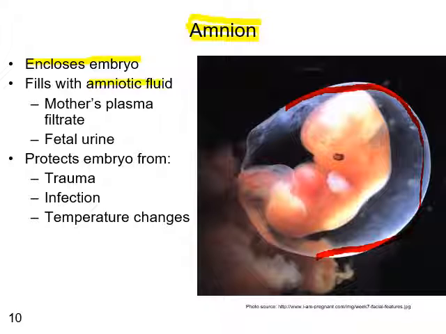It is filled with amniotic fluid, which is basically a filtrate of plasma from the maternal blood, as well as, especially in later stages, urine from the fetus itself. And the amniotic fluid and the amnion membrane protects the embryo and the fetus from trauma, from infection if there's any bacteria around, and it buffers against any temperature changes that might happen, although the maternal uterus does a lot of that too.